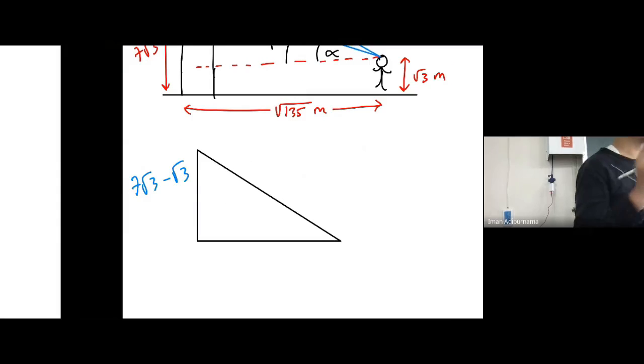This should be this, right? But why are some of you not calculating this? What is this? Yes, 6 square root of 3. Why are you not calculating this?